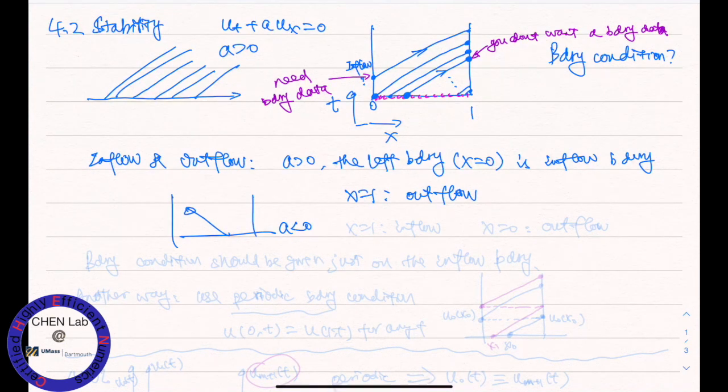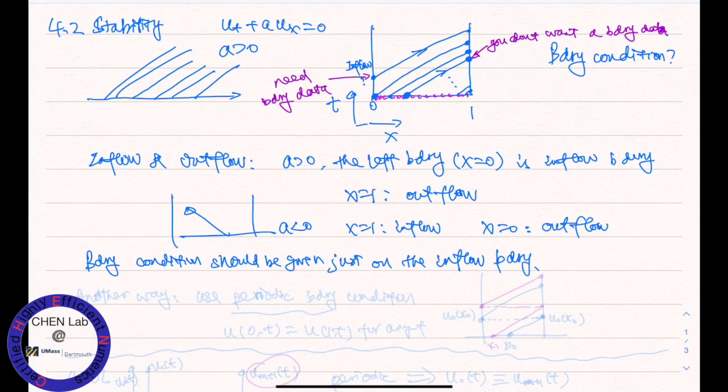So in this case, x equal to 1 is inflow, but x equal to 0 is outflow. So the boundary condition should be given just on the inflow boundary.